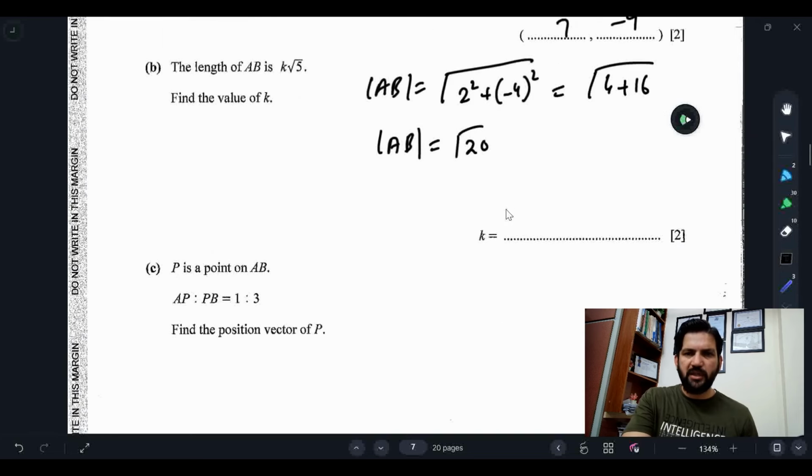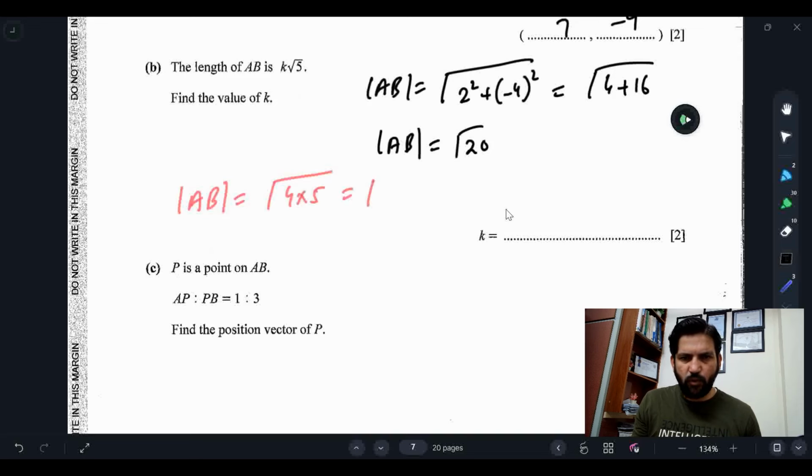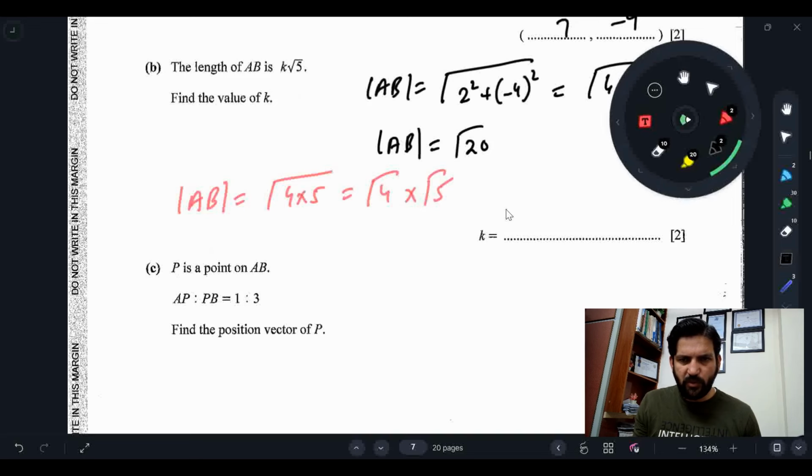Now this question is quite relevant to surds. We have discussed how to simplify surds. So we can write the magnitude of AB as the square root of 4 times 5, which means square root of 4 times square root of 5.